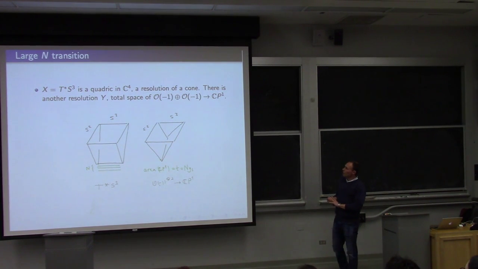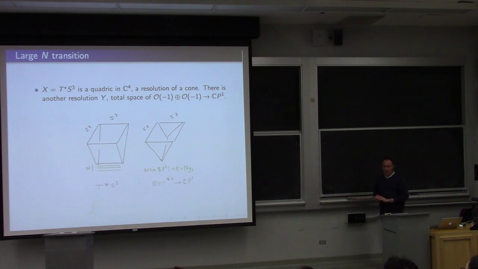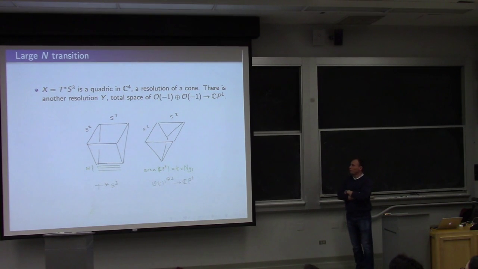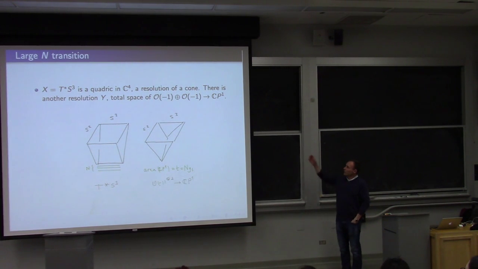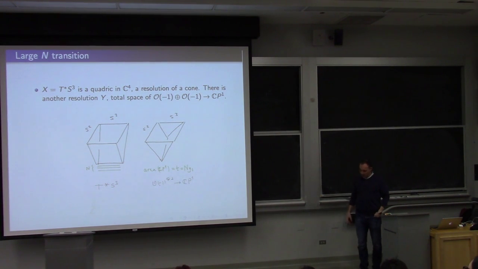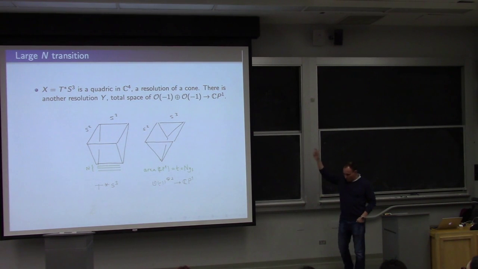Here we view the cotangent bundle of S3 as a quadric in C4. We just take the sum of squares of 4 coordinates equal to real epsilon. Then you can see this symplectically looks like T star S3. Now we can shrink the zero section, so just put the epsilon to 0, and we get the cone.